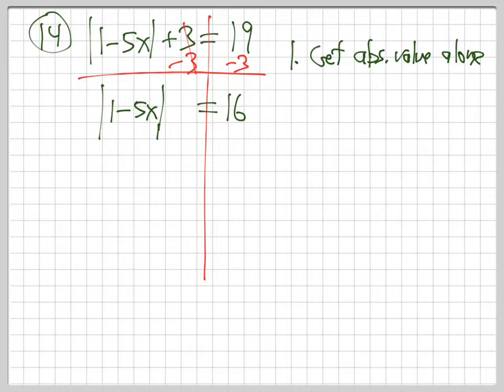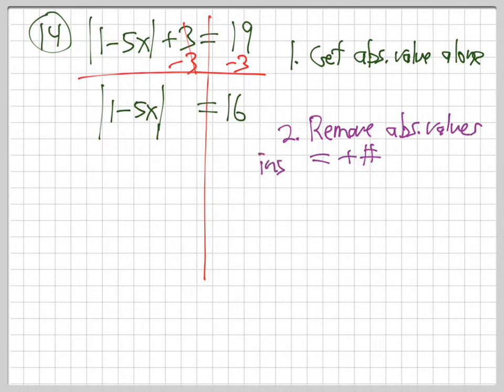Okay. So first step, get the absolute value alone. Second step, remove the absolute values. Inside equal to the positive number, inside equal to the negative. So you remove and you write the two equations, the positive and the negative.